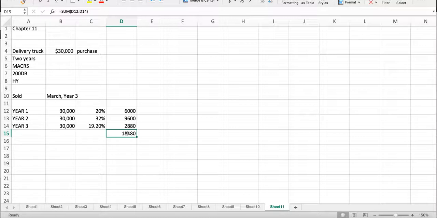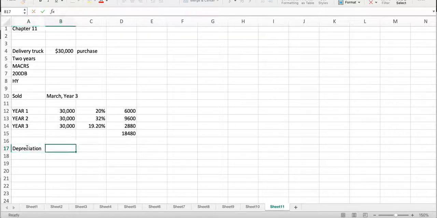So it then says, assuming that they claimed $18,500 of depreciation expense on the truck before they sold it in year 3. So if instead the depreciation is $18,500, which is basically this rounded up, what is the amount of character or the gain or loss if they sold the truck in year 3 for $17,000 and incurred $2,000 of selling expenses on the sale?